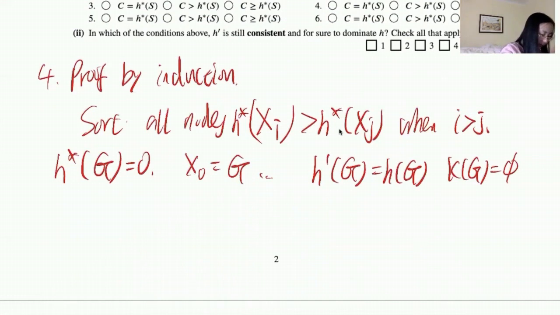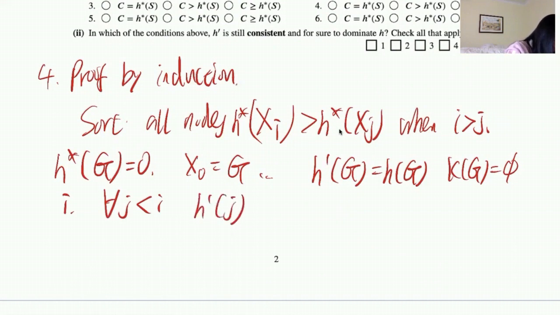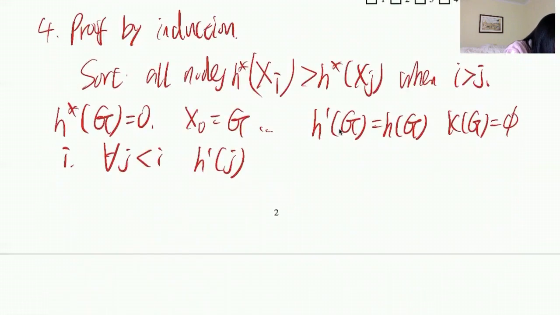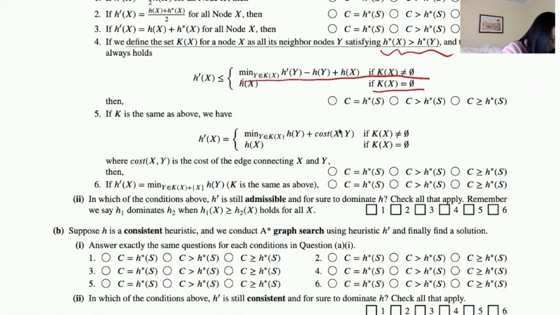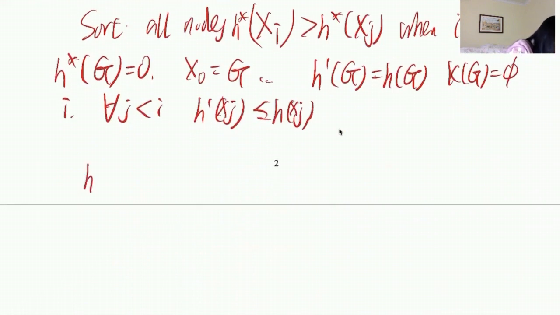Then let's suppose for the current i, and for all j smaller than i, all H prime of X j are already no greater than H of X j. Then let's see how H prime of X i behaves.